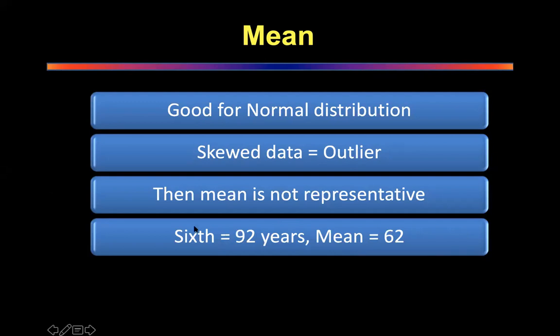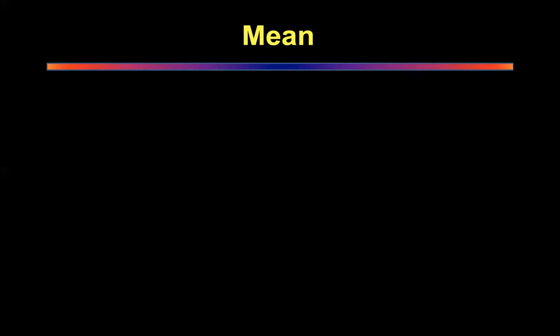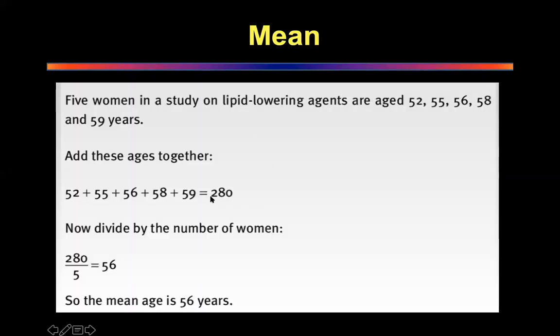If in the previous group, the sixth patient was 92 years, then the mean became 62, which is not truly representative for that group. If you look at the other 5, none of them are 62.